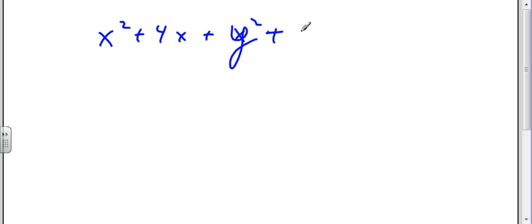So if I had x squared plus 8x, well, we won't go with that, we'll go with x squared plus y squared plus 8y plus, let's say, plus 35 is equal to 0.